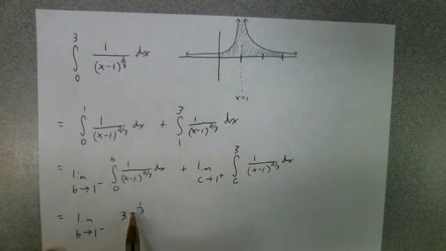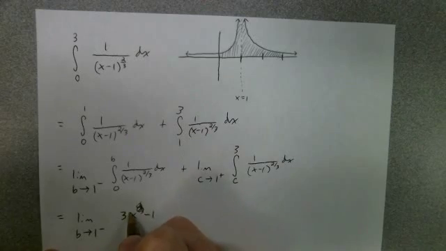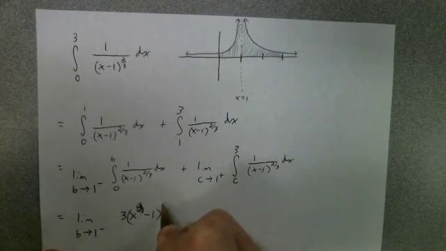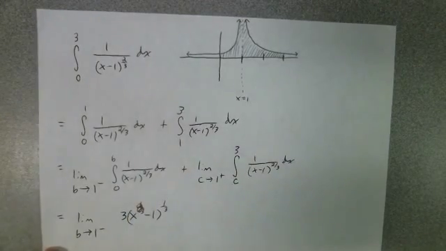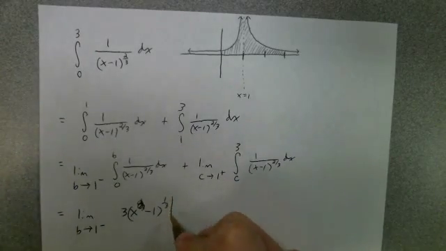We'll lose the constant, and, oops, I'm sorry, this should be an x minus 1 to the 1/3. There we go. Now if we bring down the 3, the 3 and 1/3 cancel, and the exponent becomes negative 2/3, so we get (x minus 1) to the negative 2/3. All right, plug in b, plug in 0, and subtract.